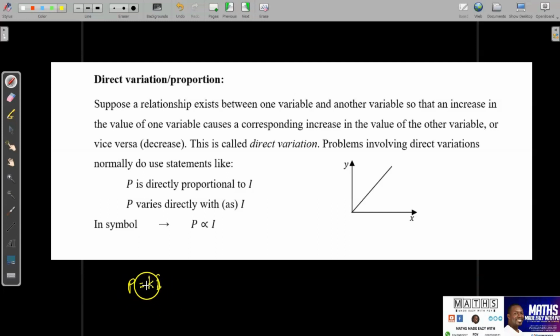The constant of proportionality is actually introduced to make it easy for you to predict future changes. As P changes, then I will automatically change based on its constant of proportionality. So that is basically how direct variations are written symbolically and how you change it into an equation.